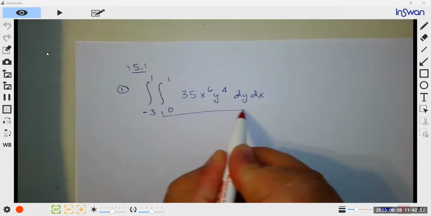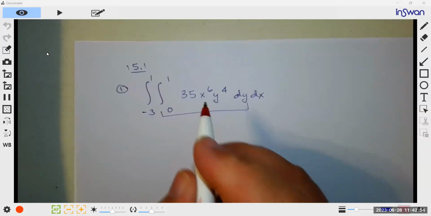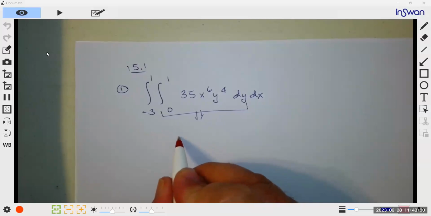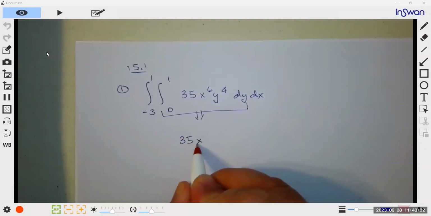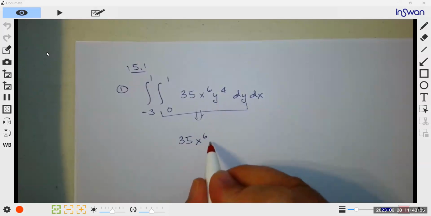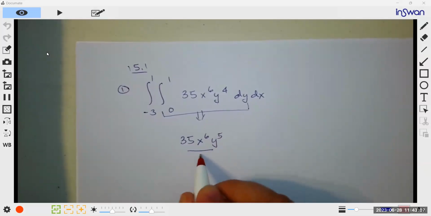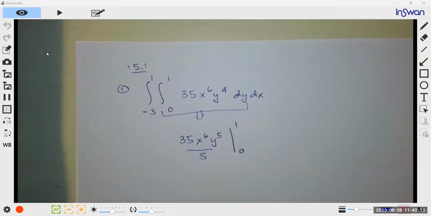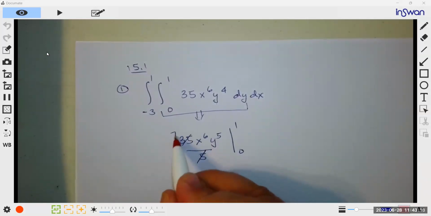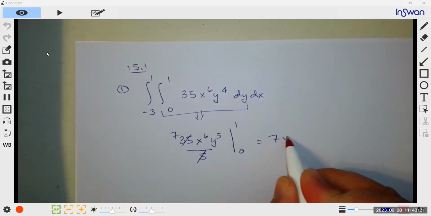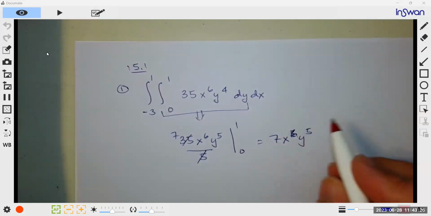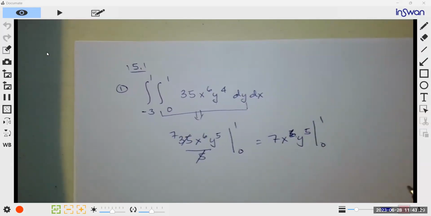Since dy comes in first, we have to take it with respect to y. So we have 35 x to the 6th, the integral of y to the 4th is y to the 5th over 5 from 0 to 1. So 5 goes in there 7 times, so it's 7x to the 6th y to the 5th from 0 to 1.